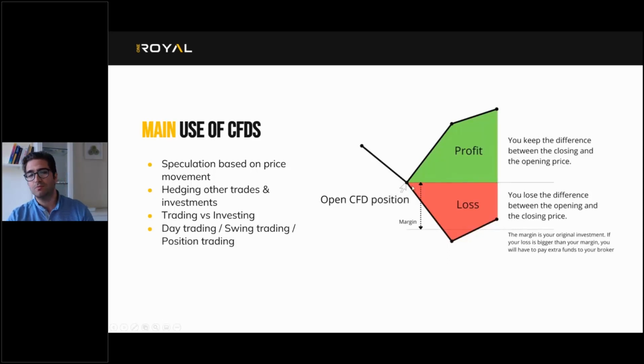When you're deciding to buy or go long on a certain asset, that means you are expecting that the price will go up. And let's say the market moved into your direction and went up, then you will make profit. And this profit is the closing price minus the opening price. However, if the market went against you, that means the market went down when you bought this CFD, then you will accrue some losses.